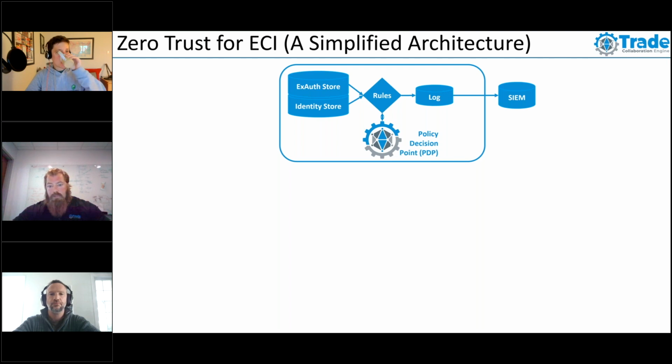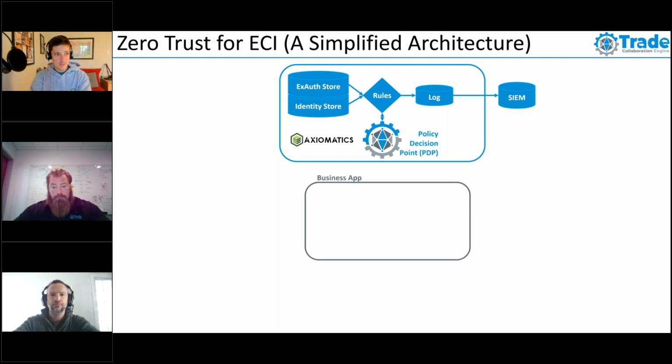And typically these systems are integrated with a SIEM system to look for security events. Our PDP is powered by Axiomatics. We've built our version, right, specifically for this export authorization use case.